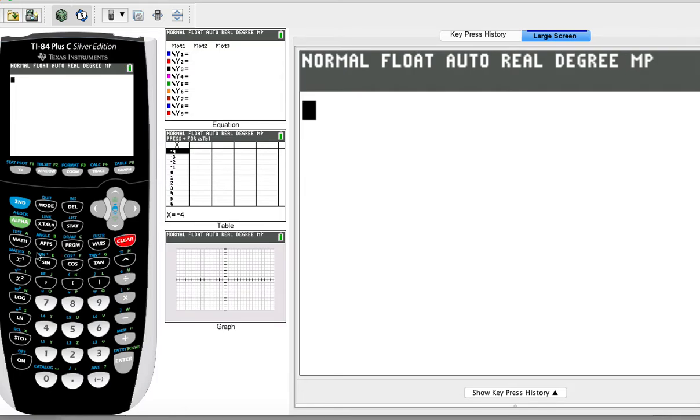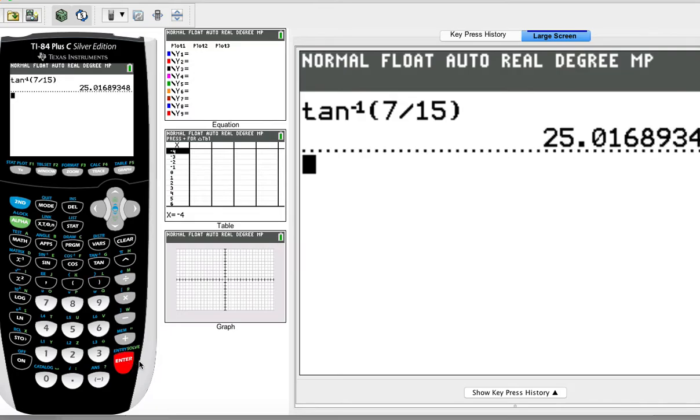So instead of using tangent like normal, you want the blue writing above it. So you want to push second and tangent and see how you get the inverse. And then you write the ratio that we had, which was 7 divided by 15. And then you don't have to close parentheses, but I just do have it. There we go.